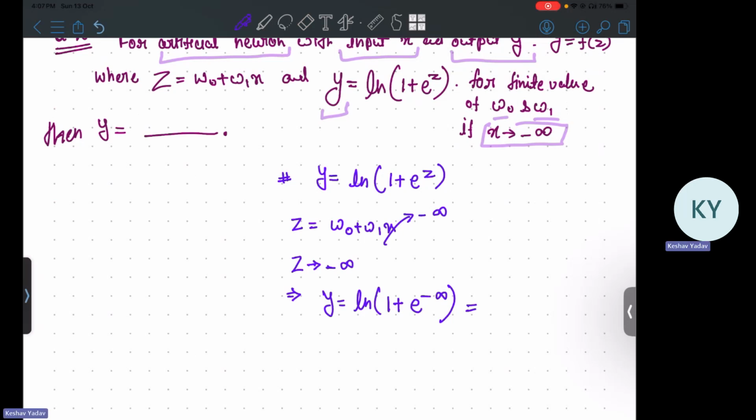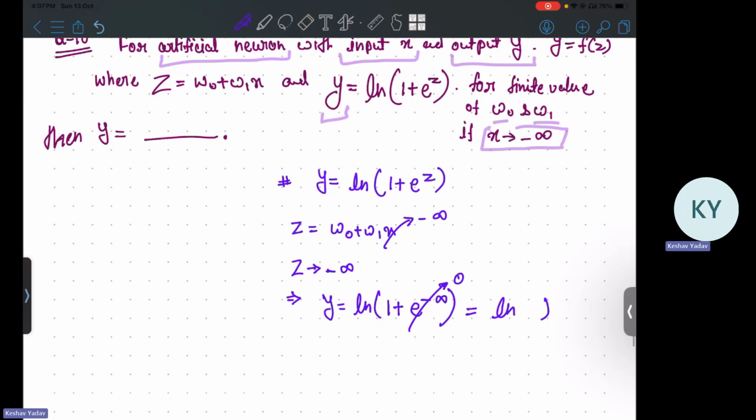So this will go to 0, so that will be equal to ln of 1. So y will be nothing but 0.